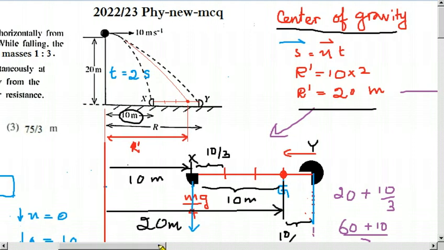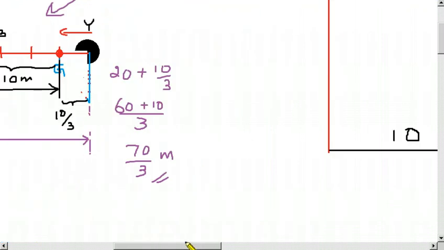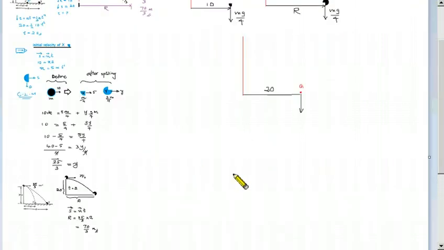Then the mass of this one is m, because quarter plus 3/4 is 1 m. mg is the force here.